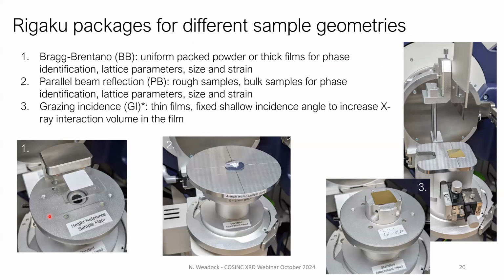So on the Rigaku instrument, we have several different measurement packages that will allow you to configure the optics and the samples to give you the best data quality that you can. The Bragg-Brentano or BB package is your standard powder XRD.